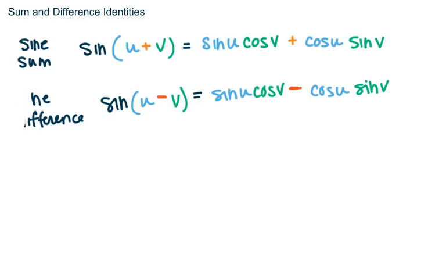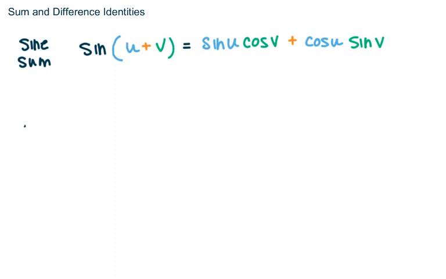So rather than writing it out both ways every time, I'm going to say sine plus minus, plus minus. All right? So let me rephrase this. The first identity is the sine of some u plus or minus some v.